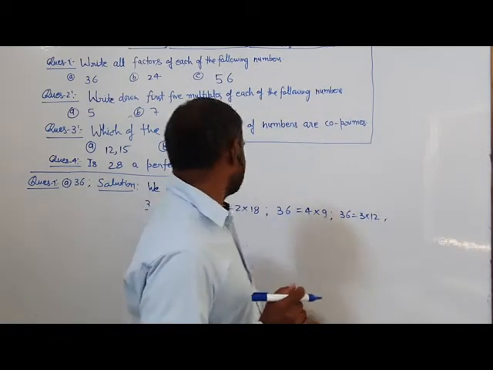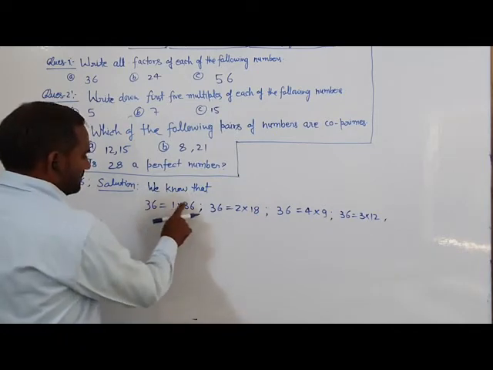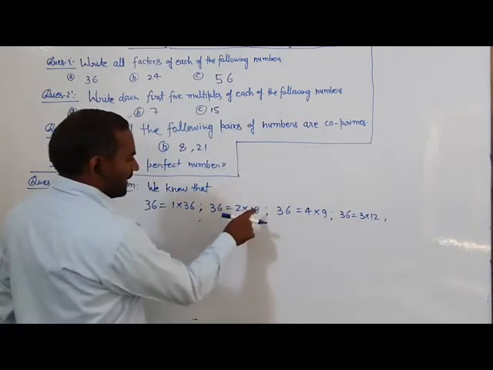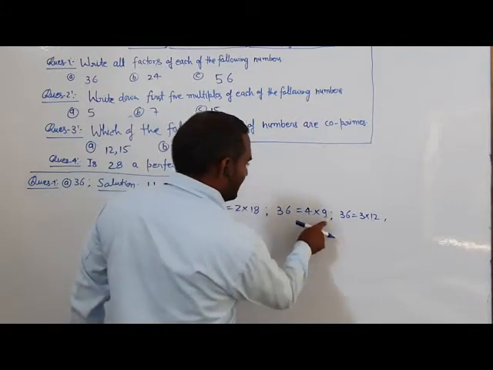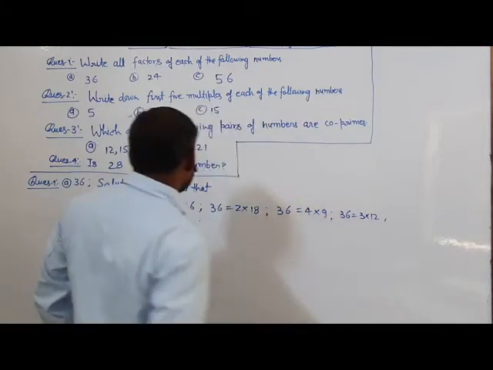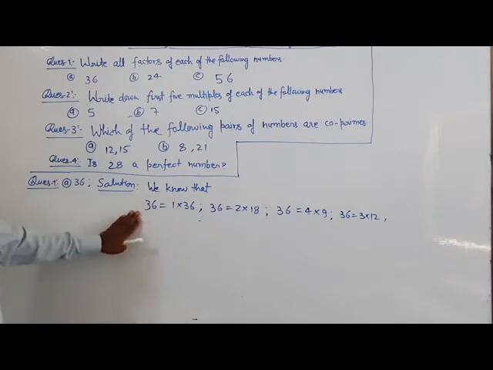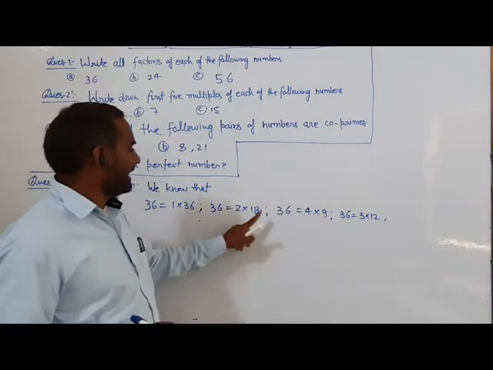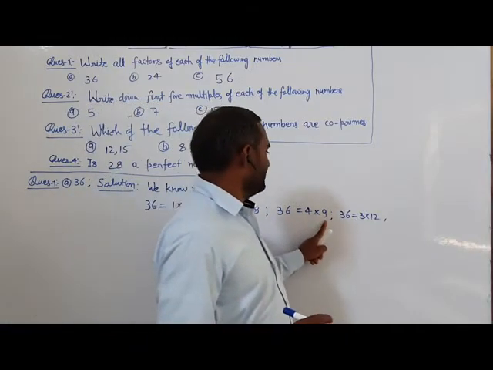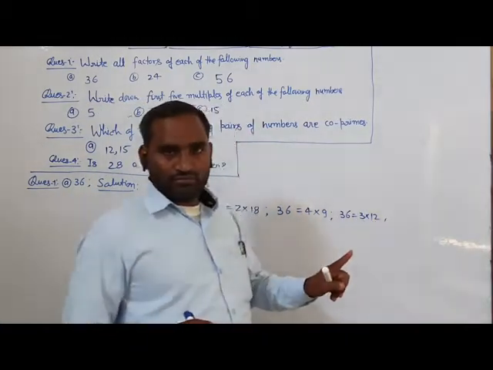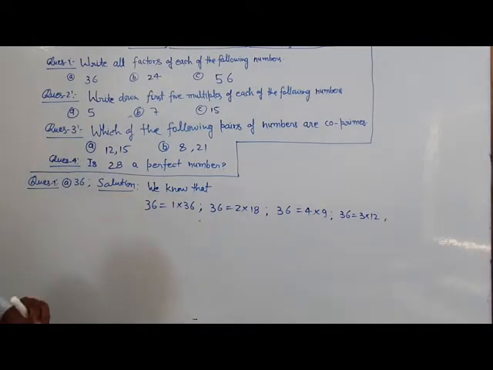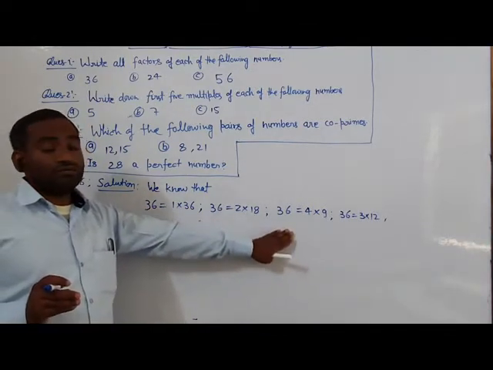These are factors: 1, 36, 2, 18, 4, 9, 3 and 12. The number 36 is divisible by 1, 36, 2, 18, 4, 9, 3, 12. The number which divides another number completely is known as a factor.